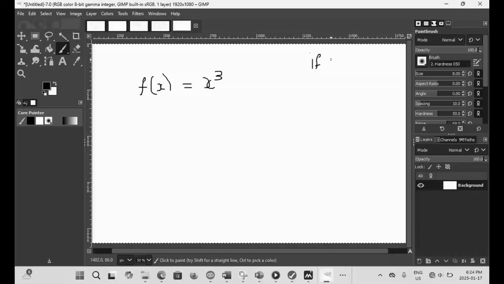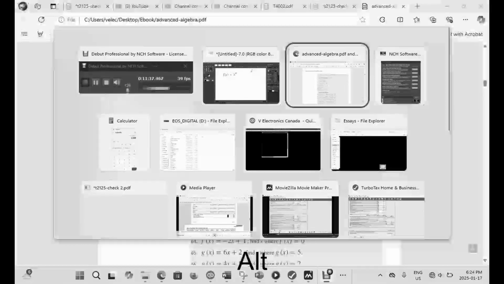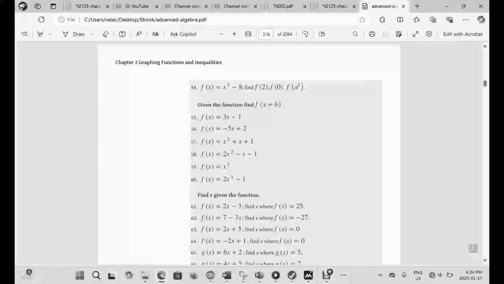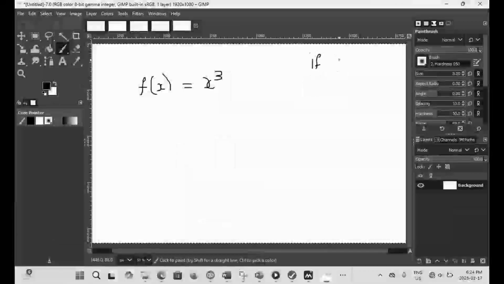Okay, so let's say given the function, find f at x plus h. So here you will sub in the value.